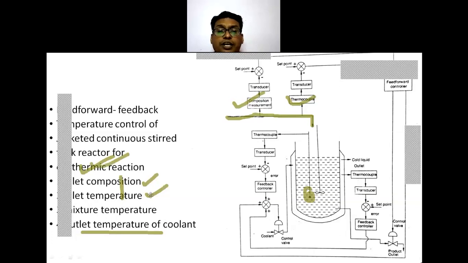There we took into account the outlet temperature of the coolant. So the outlet temperature of this coolant is also measured with the help of thermocouple, transducer, comparator and the feedback controller, which gives the signal to this comparator.